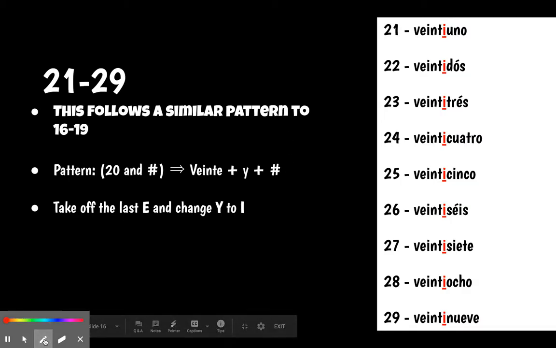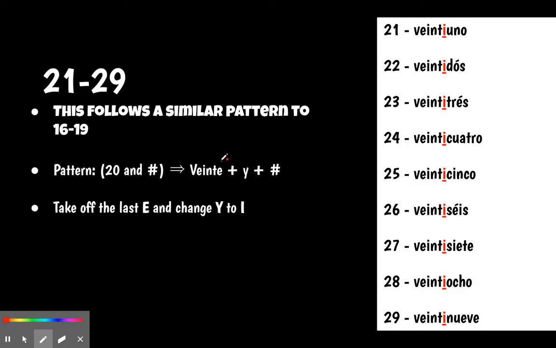Now, with 10 and the number for 16, we change the Z to a C here. We're going to take off the E, change the Y to an I and smush it all together.